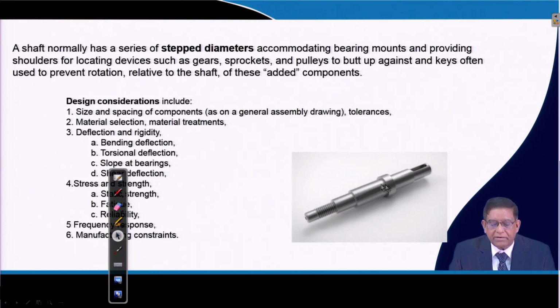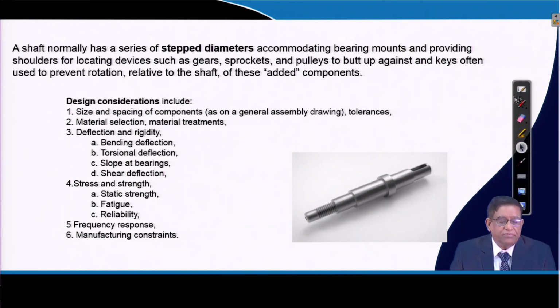On these you will be mounting the gears, sprockets or pulleys, so that different purposes in the machines can be served. Now, while designing a shaft, a number of points must be taken into consideration, particularly the size and spacing of the components, the tolerances, and how much vibration load and displacement there will be.